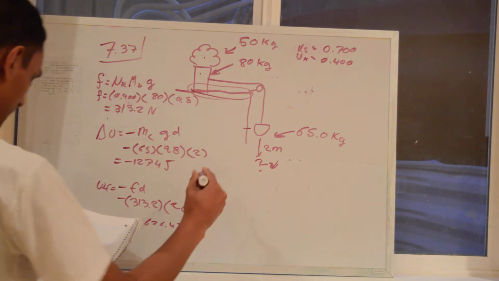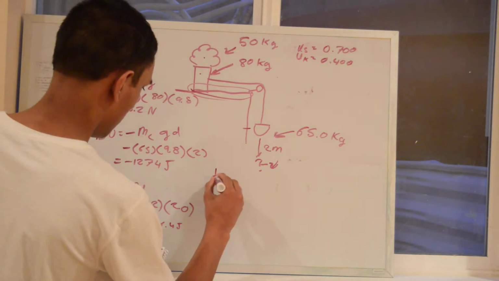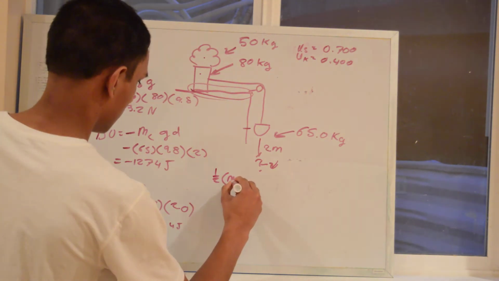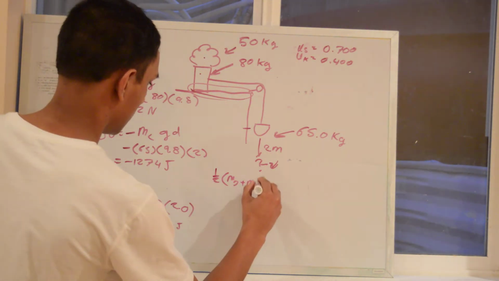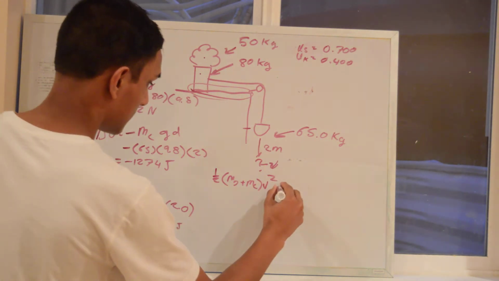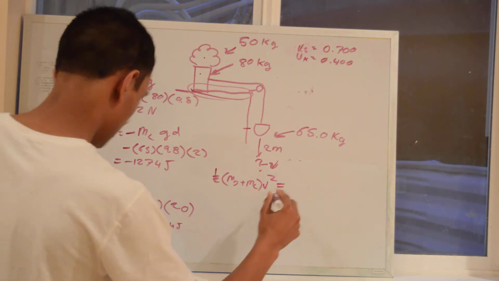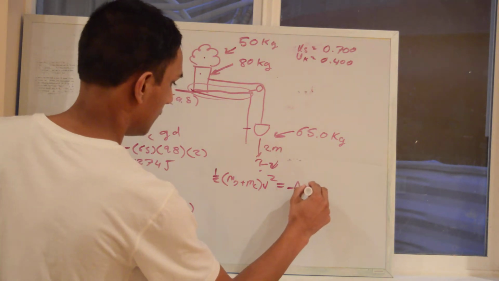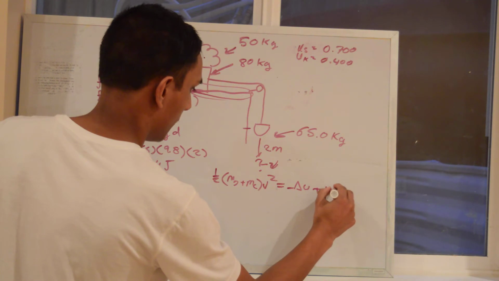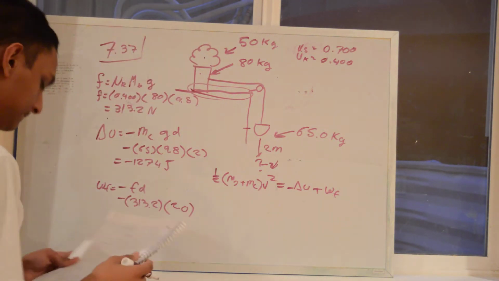Finally, we're going to use the work energy equation. So the work energy equation basically is 1/2 the mass of the box plus the mass of the concrete times the velocity squared is equal to the negative change in U, which we found over here, plus the frictional work.